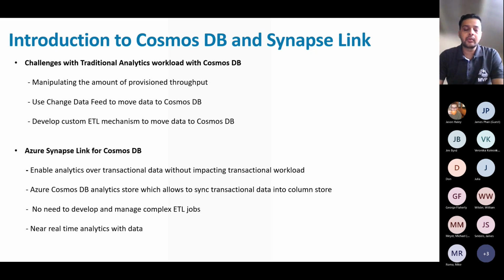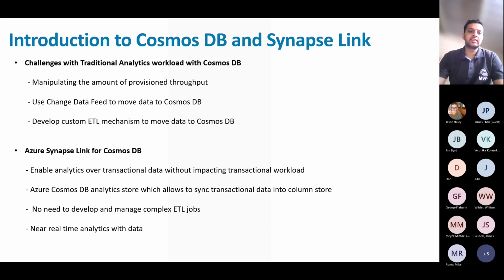This is applicable for both batch and near real-time ingestion. But if, as soon as there is data in a landing zone, we want to make the data available immediately in Cosmos DB without any delays, then that is not possible, or there are potential delays while doing the custom development. So these are mainly the bottlenecks when we use the traditional analytics workload with Cosmos DB.